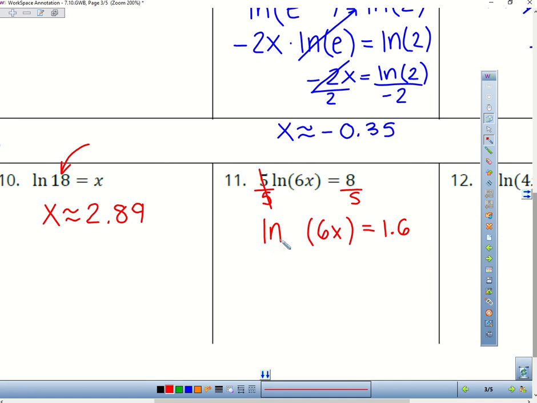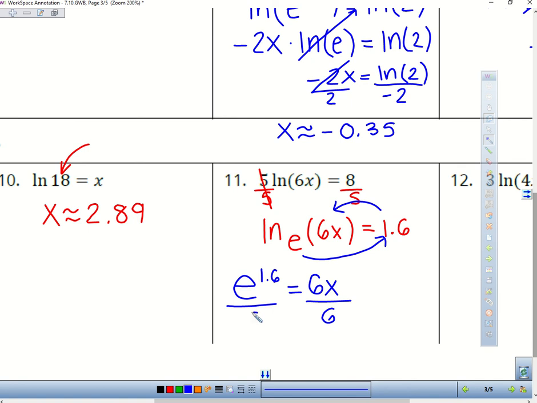I divided by 5 and put the base back into my log. Now I can use the arrow method: e to the power of 1.6 is equal to 6x. Divide by 6, and I get x is approximately equal to whatever this gives me in the calculator.